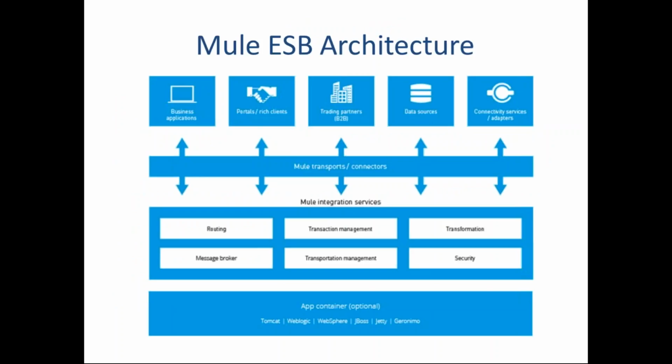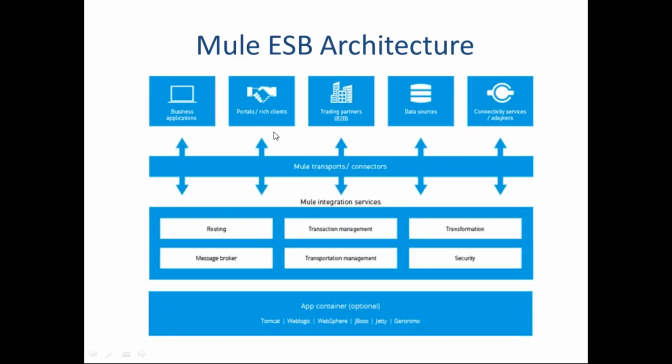So this is the Mule ESB architecture. If you see the middle part, Mule transports or connectors. As I said, it has a bunch of connectors to interact with different kinds of systems. Like these business applications might be using some SAP kind of adapter, so your ESB can easily interact with these business applications using some connector.